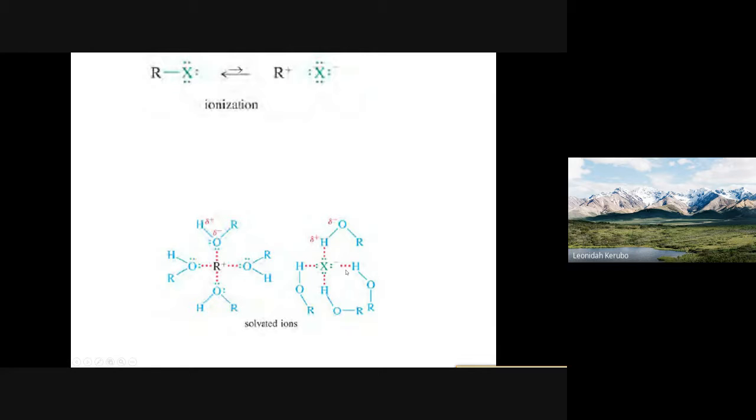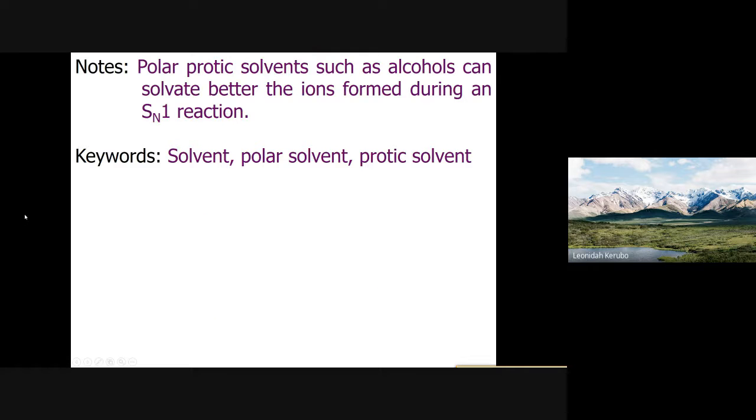So for SN1 reactions, which lead to ionization to form a carbocation and halide ions, protic solvents are usually the best solvents because they stabilize the positive and negative charges that result from the ionization process. Protic solvents such as alcohols solvate the ions formed during SN1 reactions well.